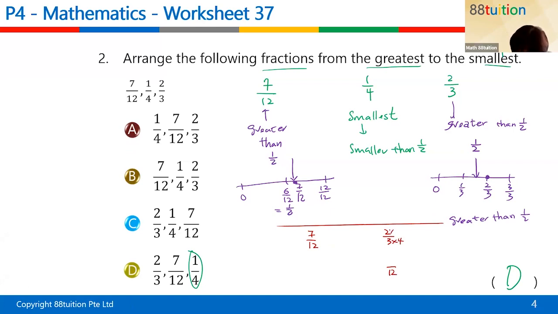I times 4, times 4, I got 8/12 versus 7/12. So this one must be the greater fraction. This is greater among the 3. So this 2/3 is the greatest. Needless to say, 2/3 is in the middle.